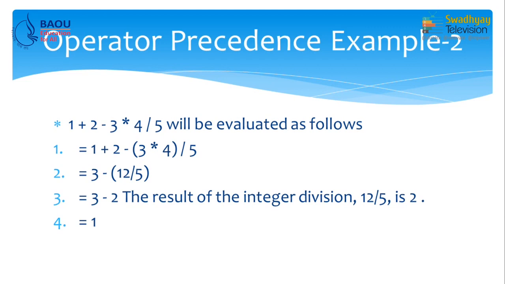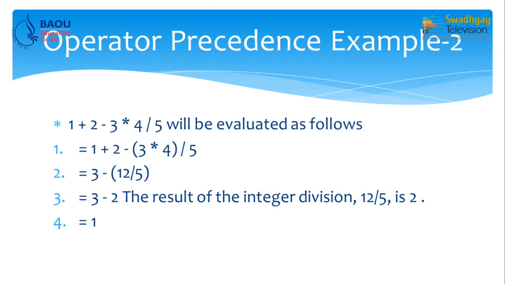We know that the multiplicative operators have higher precedence than additive. So, obviously multiplication and division will be evaluated first, but remember multiplication and division have the same precedence. As we mentioned earlier, operators with the same precedence will be evaluated from left to right. So, 3 * 4 is evaluated first, and then whatever answer we get will be divided by 5.